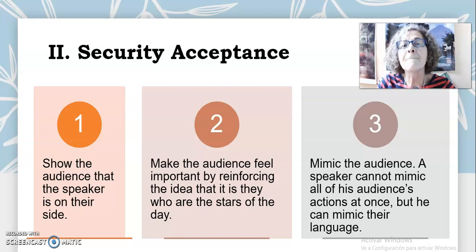And number 3, mimic the audience. A speaker cannot mimic all of the audience's attention at once, but he or she can mimic their language. So this is creating like humor, just to be on the audience's side.